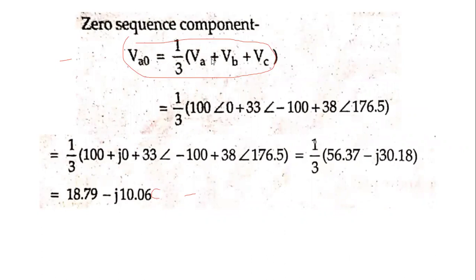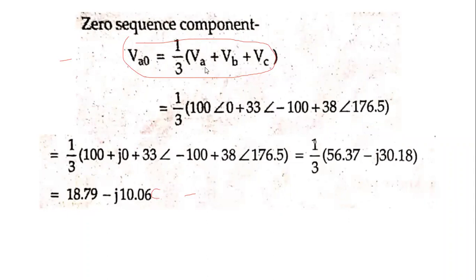Substituting the values, that is 100 at an angle of 0 plus 33 at an angle of minus 100 plus 38 at an angle of 176.5.